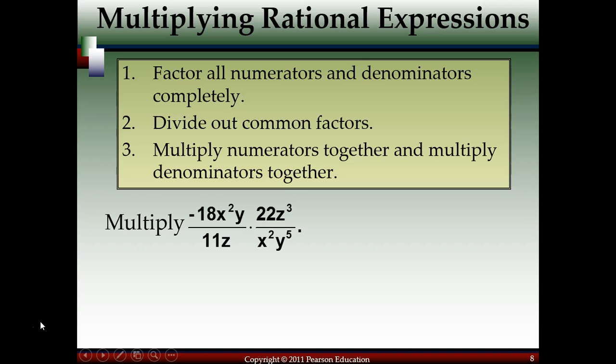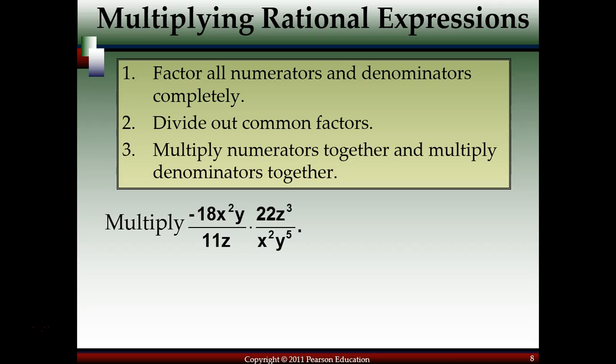So similar to how you multiply fractions together, you can multiply rational expressions. So here are the steps on multiplying rational expressions. First, factor all numerators and denominators completely. Just like simplifying a rational expression, that's the first step. Factoring, that's the key thing here.